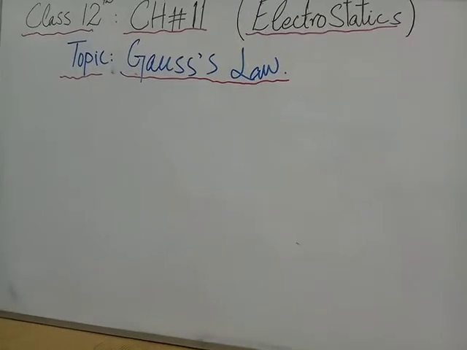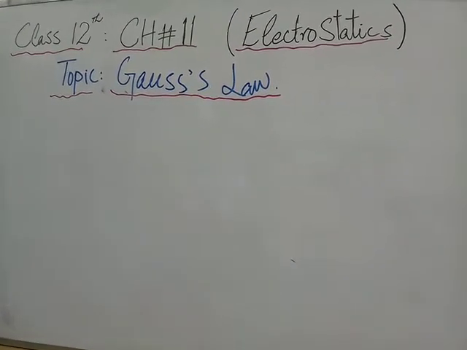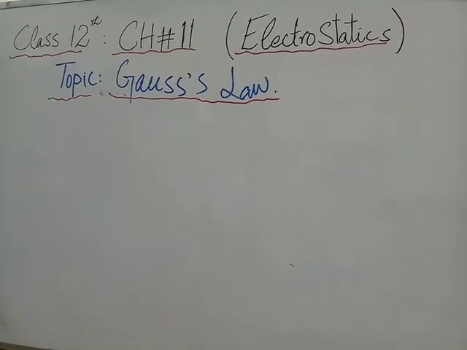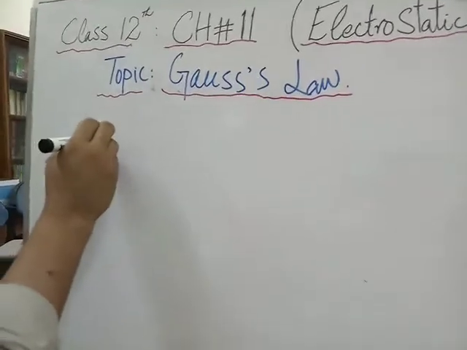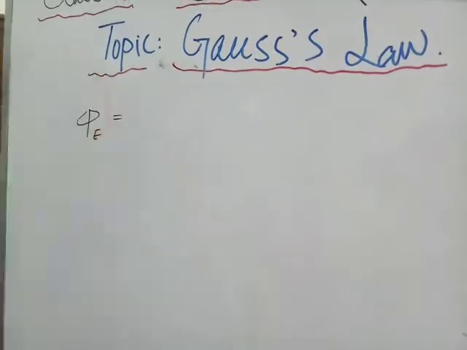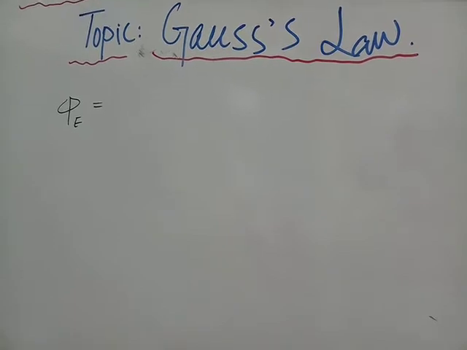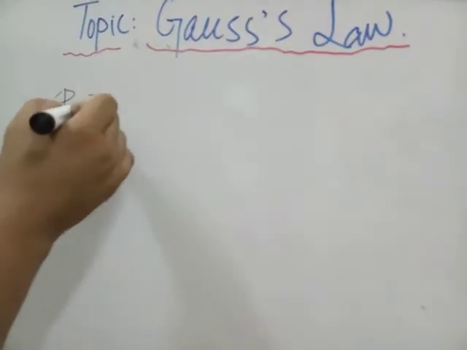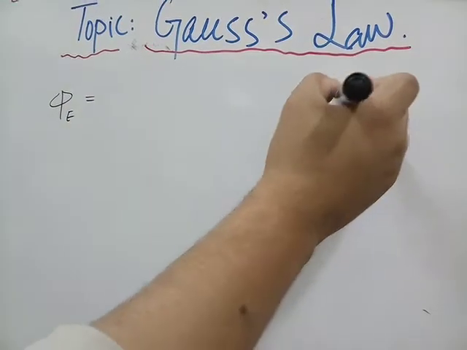So, from the previous lecture, we described the flux, which is electric flux, for an arbitrary shape, and this flux is for the charge which is enclosed in a closed surface.